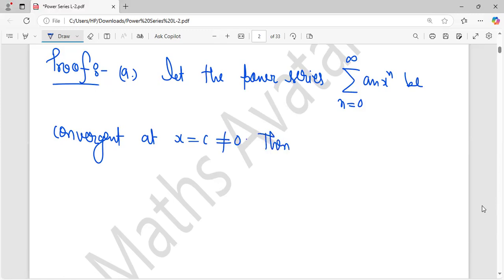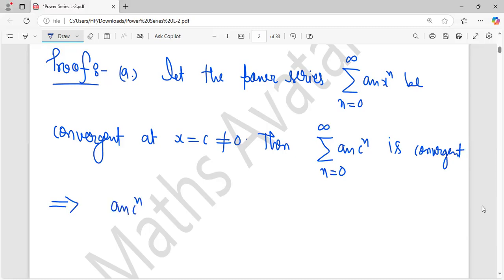Actually this series is convergent, so this implies a n c to the power n converges to 0.